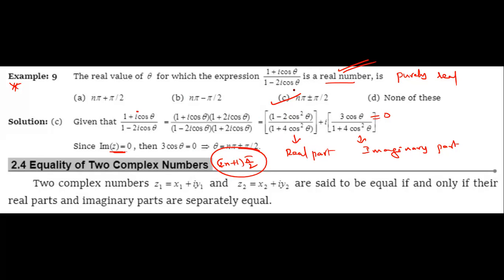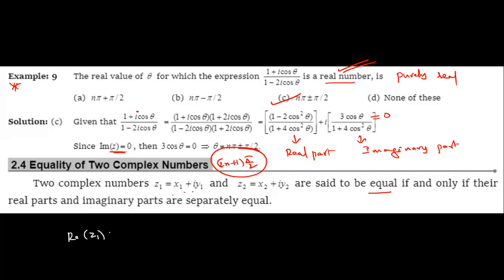So when we say that two complex numbers are the same here, see, two complex numbers are equal means what? Z1 is equal to x1 plus i y1, and Z1, Z2 are said to be equal if their corresponding parts are equal, meaning their real parts are equal and corresponding imaginary parts are equal. That's the meaning. I will write here, see carefully.